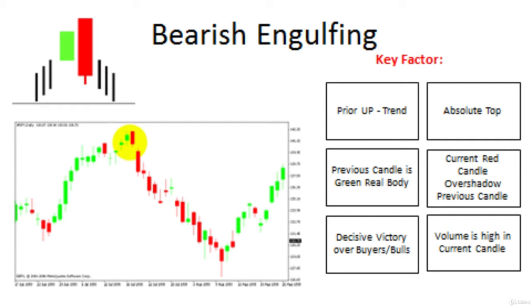As you see in the chart formation on your screen, there is a prior uptrend, and at the absolute top the big real body candle overshadows the previous green real body candle. Before finalizing the bearish engulfing pattern, we again consider the key factors. The prior trend is an uptrend.